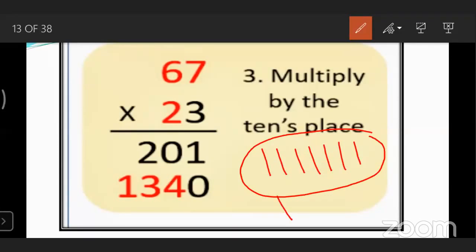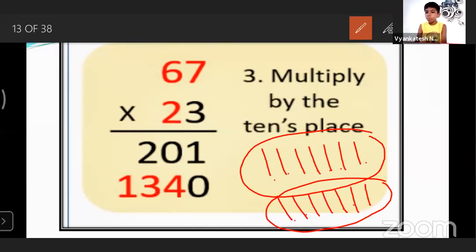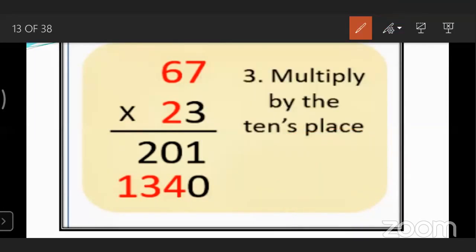So again 1 2 3 4 5 6 7, a bunch of 7. Now let's add: 1 2 3 4 5 6 7 8 9 10 11 12 13 14. Total 14 sticks are there. Very good. So 2 7s are 14.